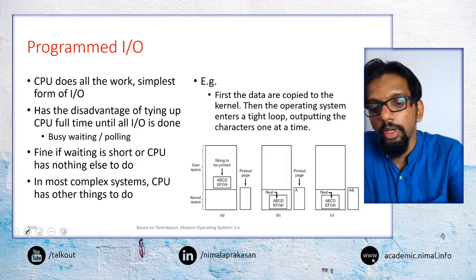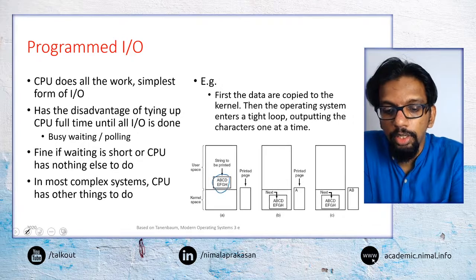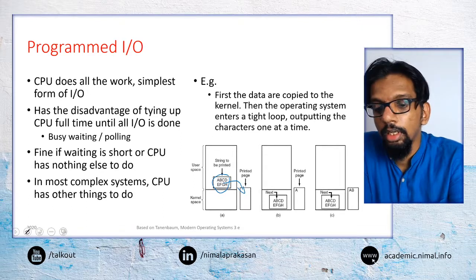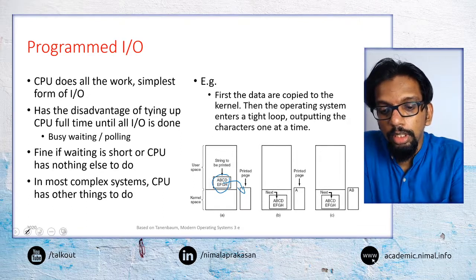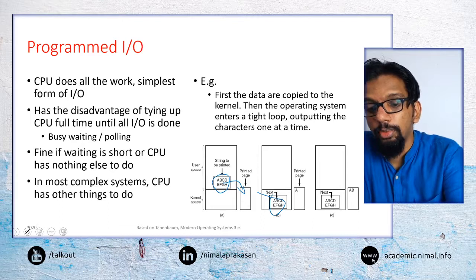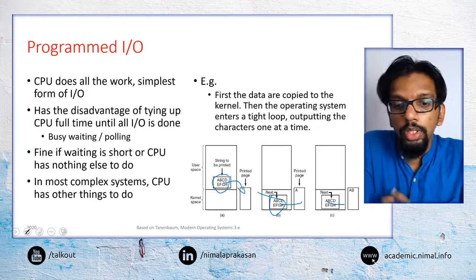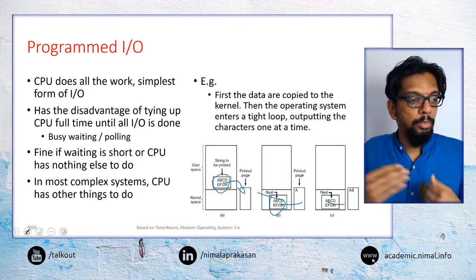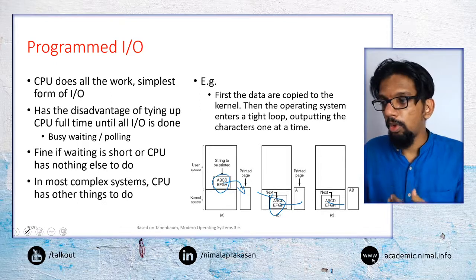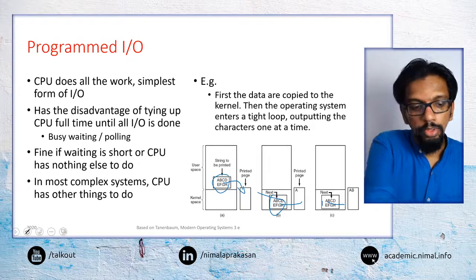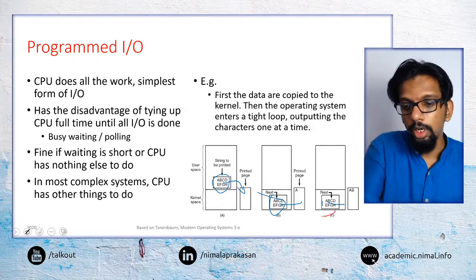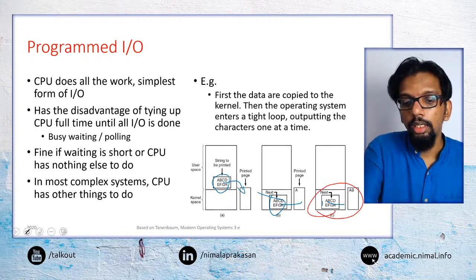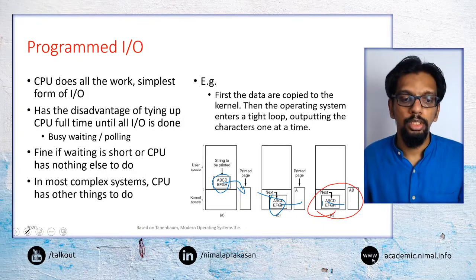For example, if it needs to transfer characters or text to a printer, the CPU will take that information and send it one by one to the printer. Then it has to wait until the whole task is completed, because while the CPU is doing these input-output related communication tasks, it cannot do any other computational task.